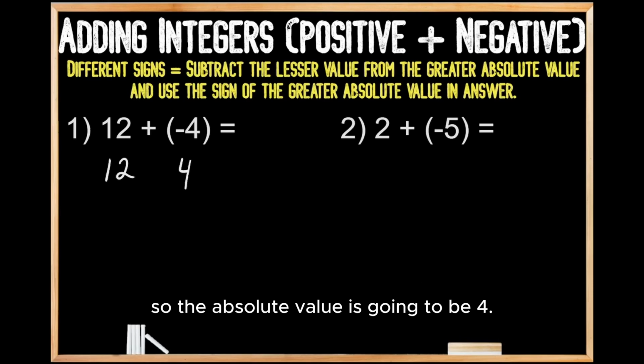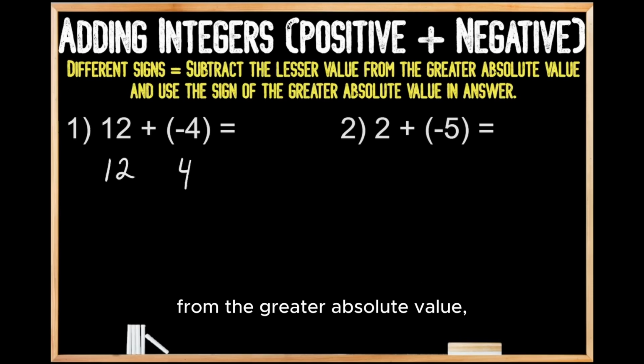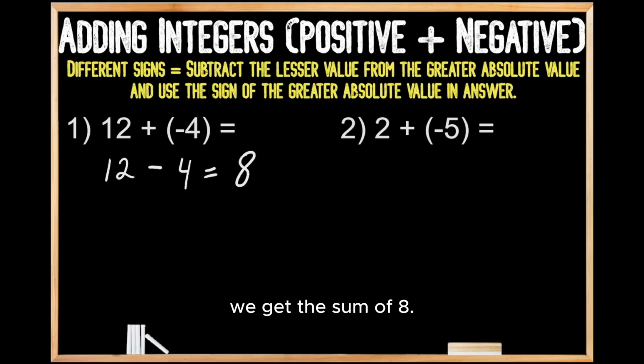so the absolute value is going to be 4. So now that we found the absolute values for the numbers provided, we're going to subtract the lesser value from the greater absolute value. So we're going to be subtracting 4 from 12. Well, when we subtract 4 from 12, we get the sum of 8.